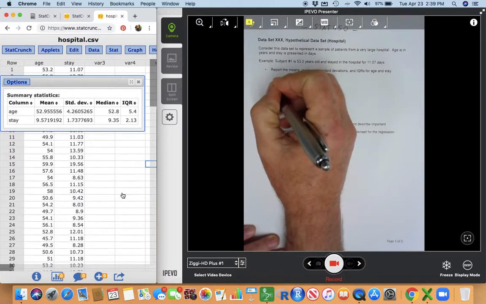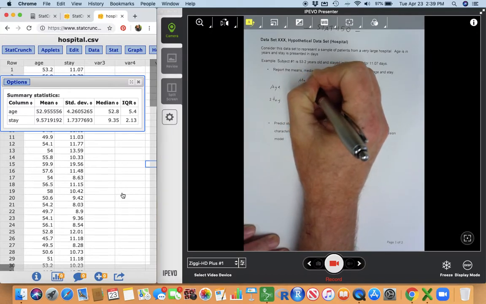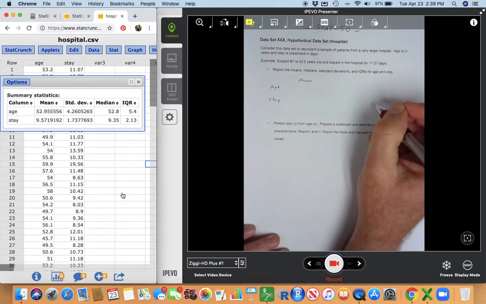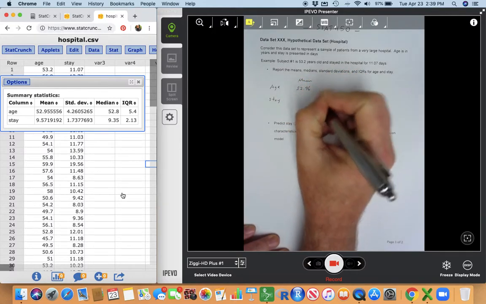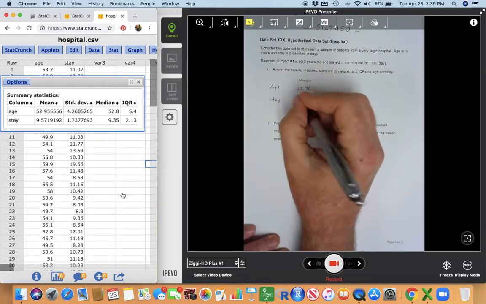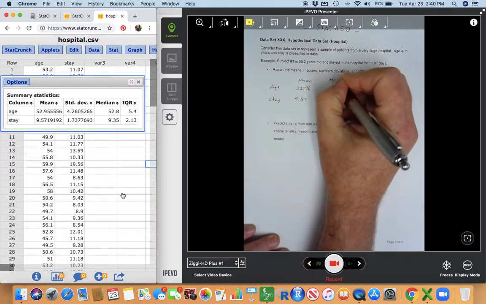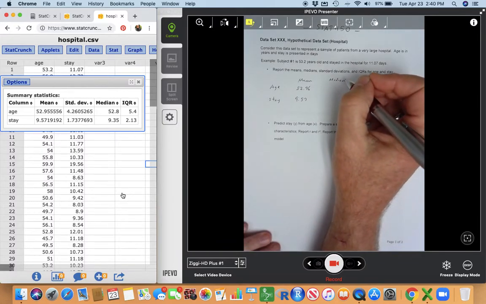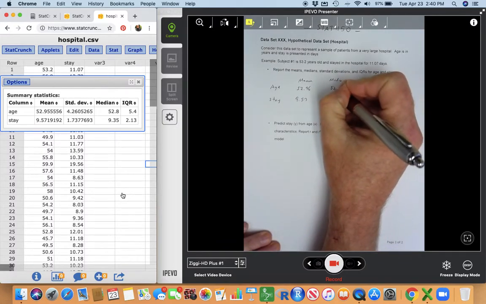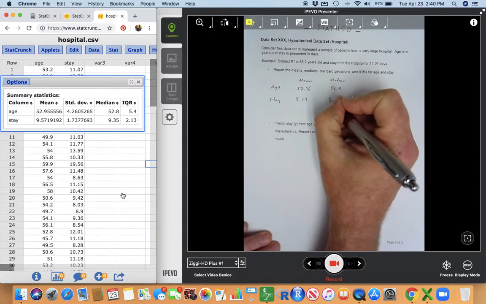So for age and stay, the mean is 52.96. The mean for stay is 9.57. The median is 52.8. And the median is 9.35 for stay.